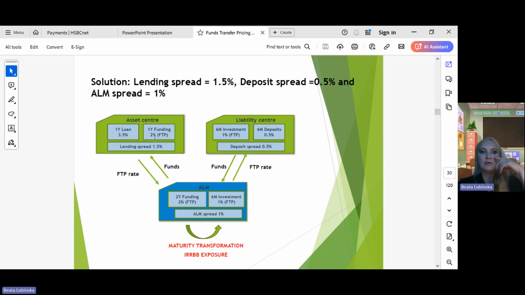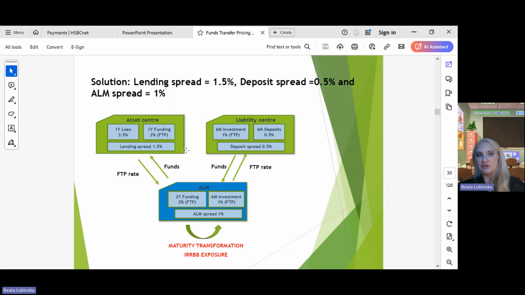Now, we know that given that the loan is consuming liquidity for 1 year, it has to pay FTP rate to the central unit for 1 year funding. So the FTP, 1 year FTP. And in this particular example, we know that FTP was 2% because it was specified on the previous slide.